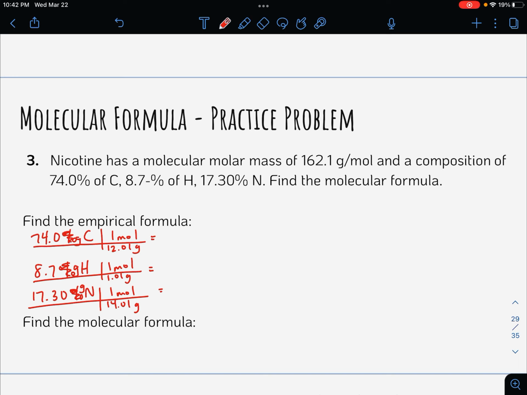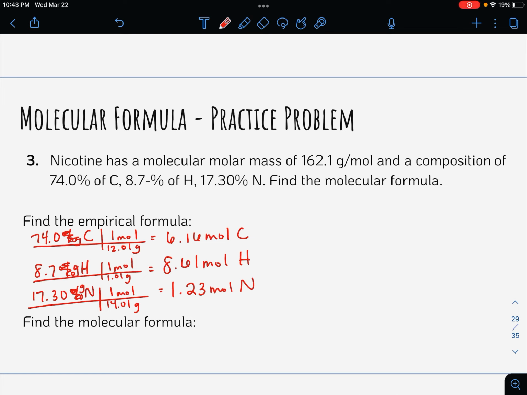Now I'm just going to divide. Again, about 2 decimal places is fine for most of the problems that we do. Okay, so percent to mass, mass to mole, divide by small.